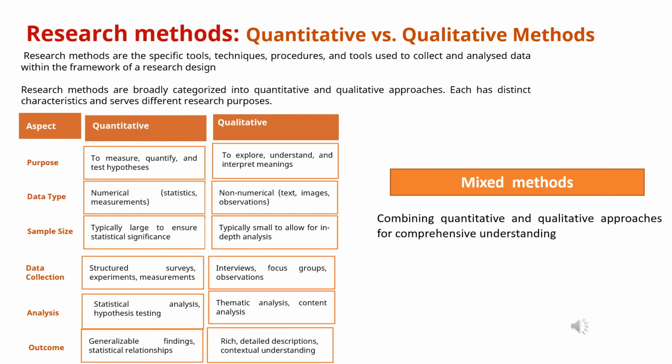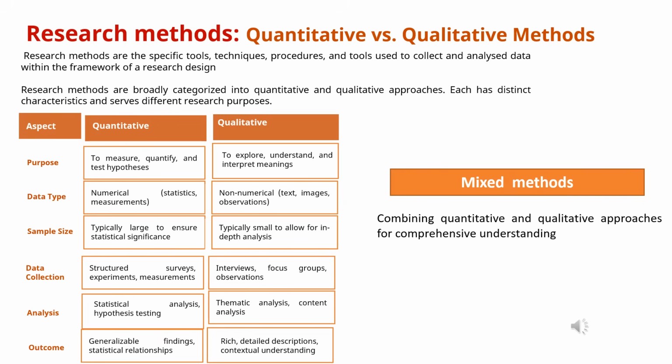For instance, when you look at the quantitative in terms of the purpose, it's used to measure, to quantify, and to test statistical hypotheses. The type of data will involve numerical data, that has statistics or measurement. Then sample size. With respect to quantitative method, typically it will involve a large sample size to ensure statistical significance and precision.